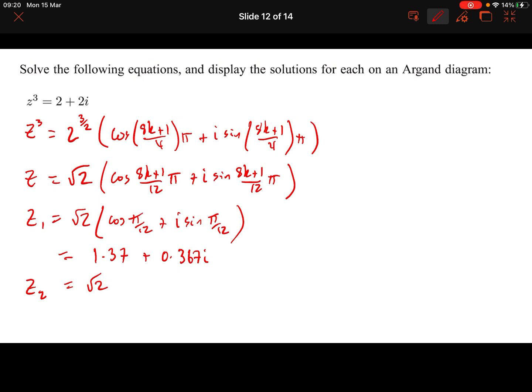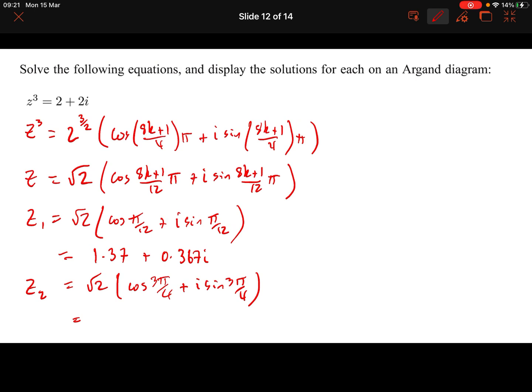z2 will be the case where k is equal to 1. So we're going to get 9 over 12 becomes cosine of 3 pi over 4 plus i sine of 3 pi over 4. Now, you don't need a calculator for this one, although I suggest this would have been a calculator question, so you could just use it to be absolutely safe.